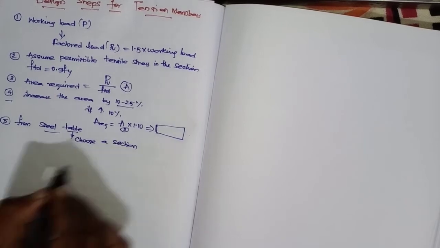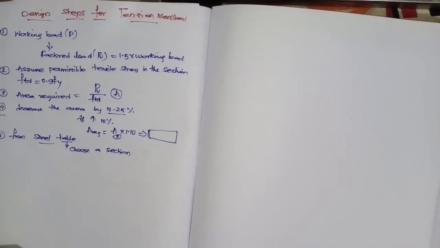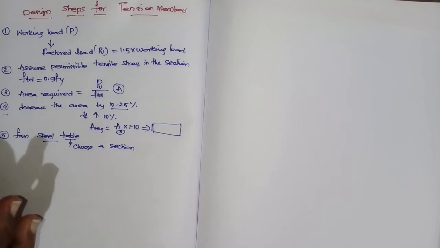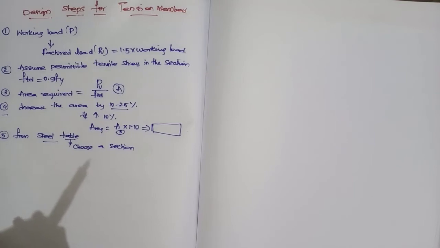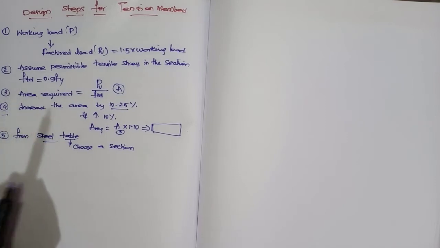What section you choose depends on the problem. If a problem clearly mentions to design an equal angle section or an unequal angle section, you have to go with the given data.